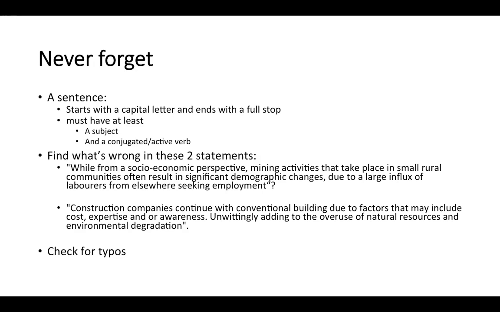Full stop. And another sentence starts now: Unwittingly adding to the overuse of natural resources and environmental degradation. This is a typical example. I have so many. I just take this one, but don't worry, it's not from this group. When you say unwittingly adding to the overuse of natural resources and environmental degradation, where is the verb in that statement?